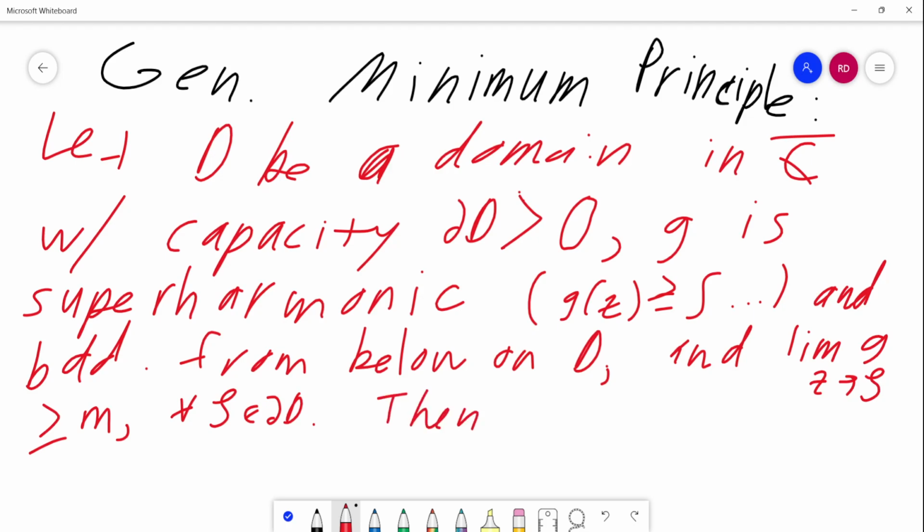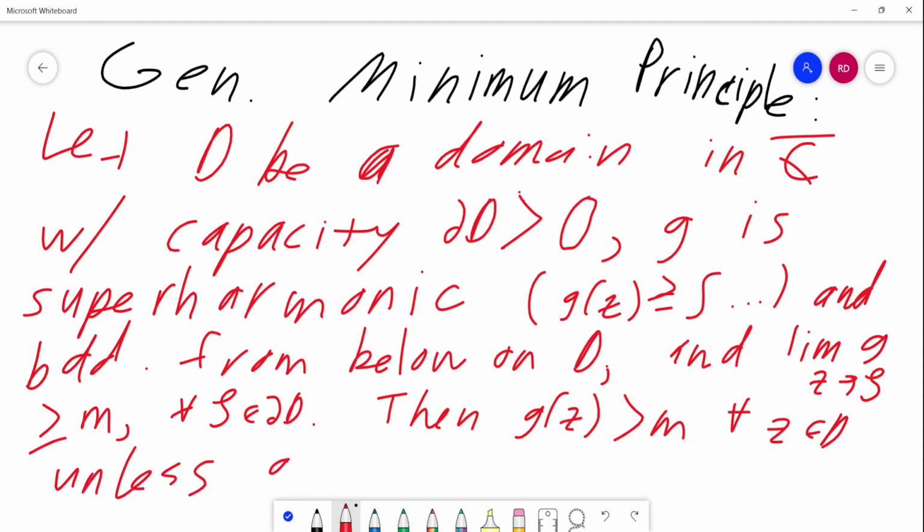Then G of z is strictly greater than m for every z in D, unless G is constant.